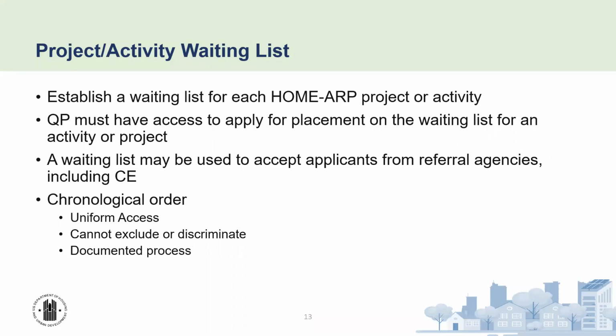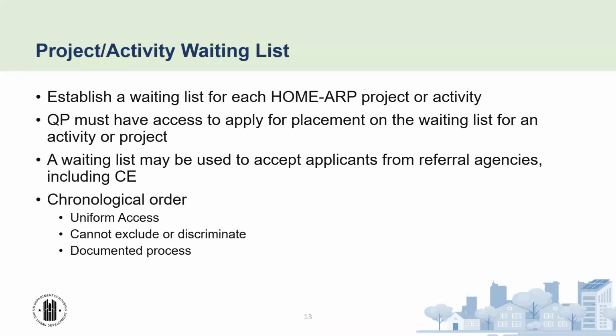So all you PJs should be familiar with this requirement, the project activity wait list. The PJ may establish a waiting list for each HOME-ARP project or activity. All qualifying individuals or families must have access to apply for placement on the waiting list for an activity or project. Qualifying individuals or families on a waiting list must be accepted in accordance with the PJ's preferences, if any.